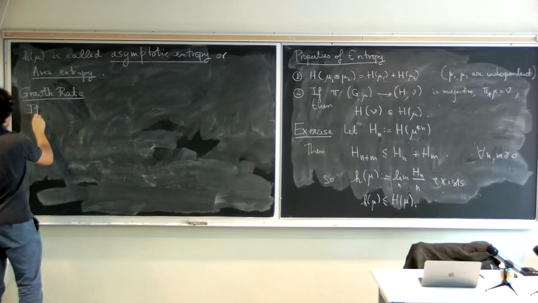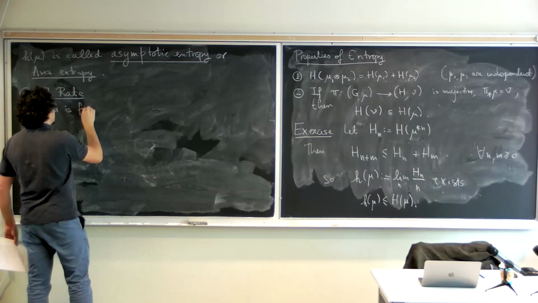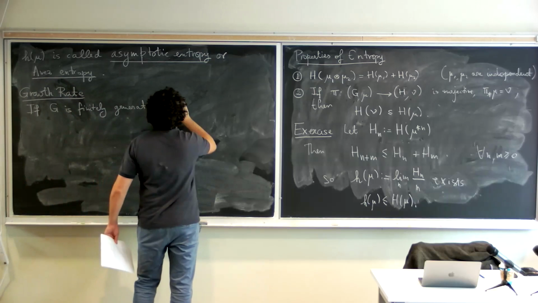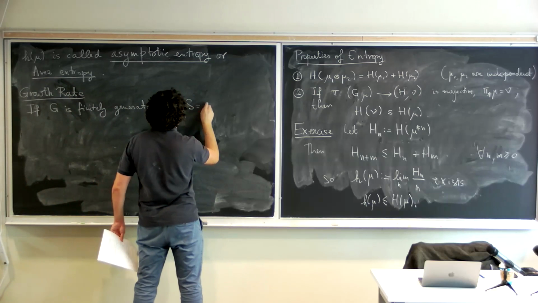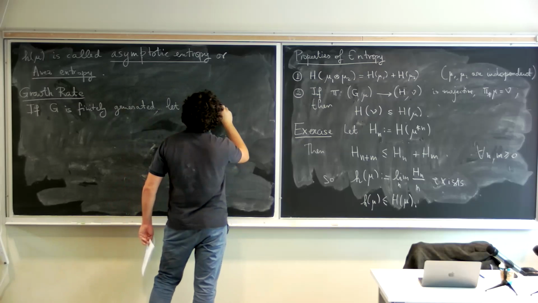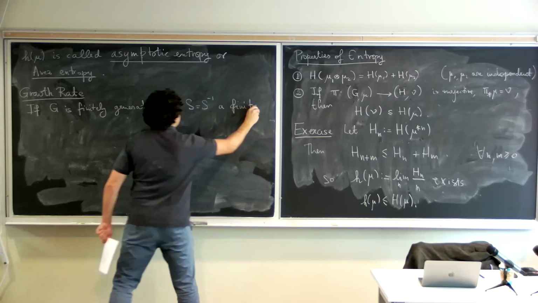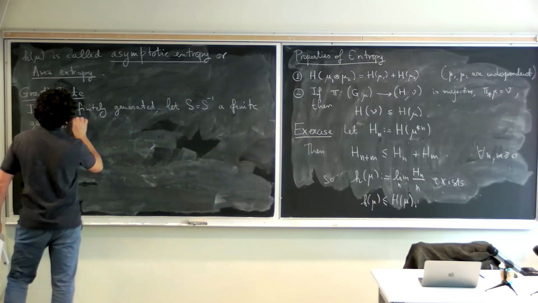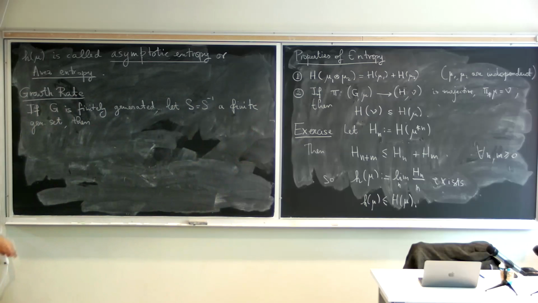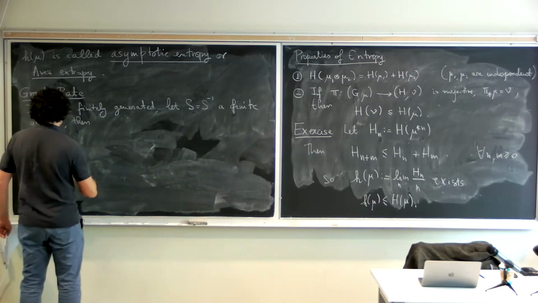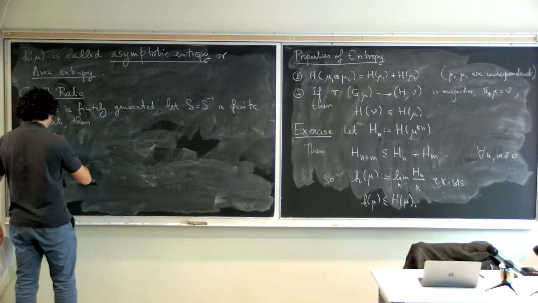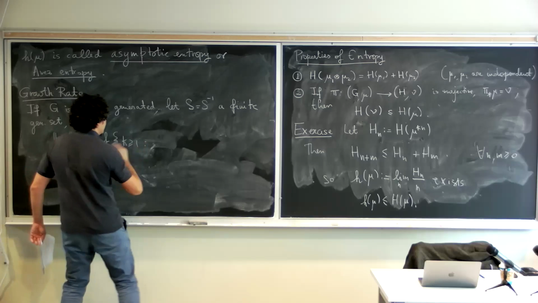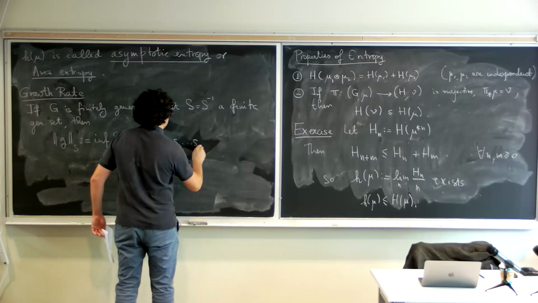So if G is a finitely generated group, and we take S, let's say S equals S inverse, a finite generating set, then we can define the word metric on G by saying that the norm of g with respect to S is the infimum of all the k's such that g is written as a word of length k in the generators.